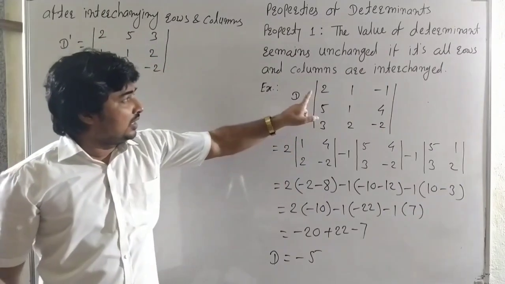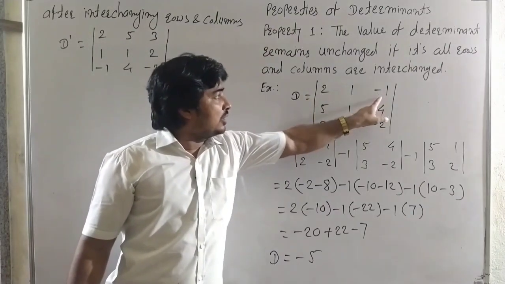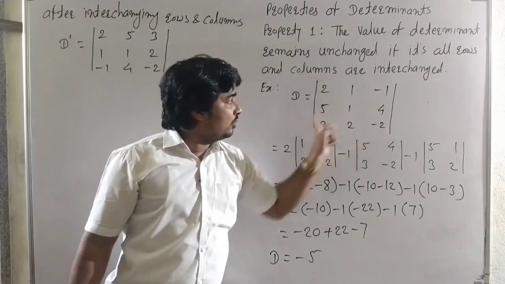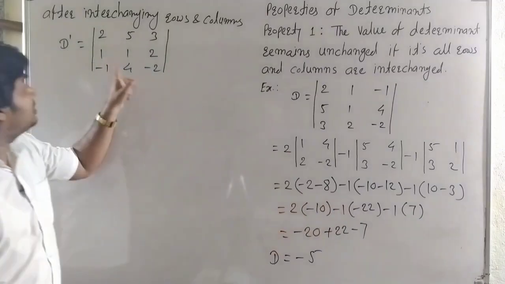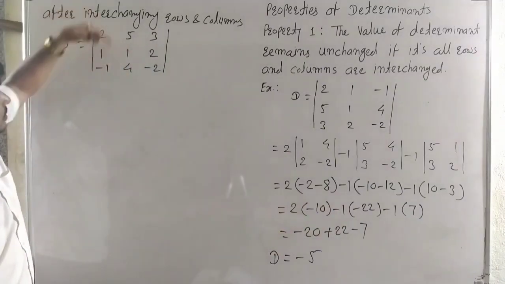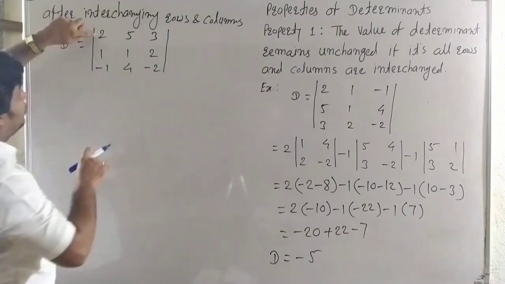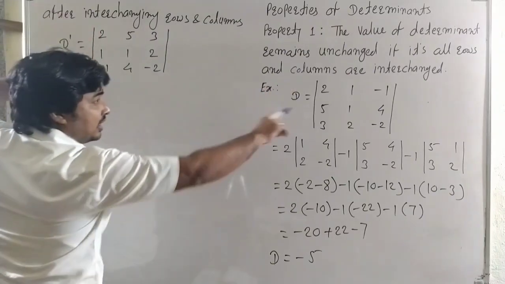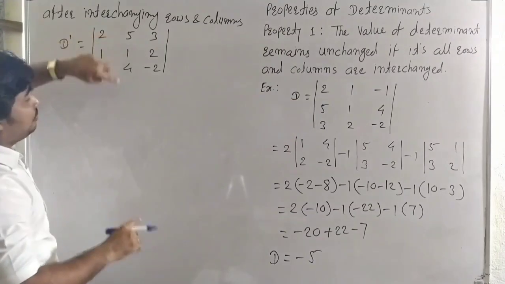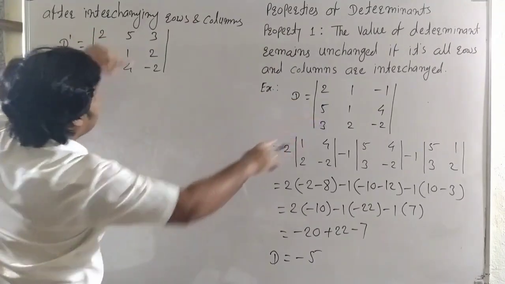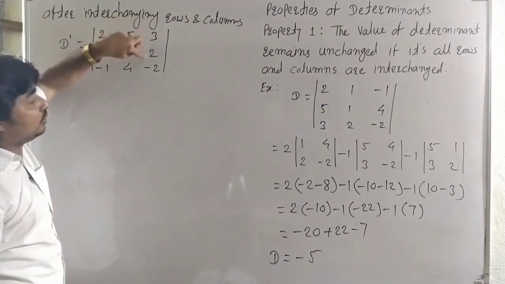See carefully, here it is 2, 1, -1. It is the first row, second row and third row. In this determinant, it is the first column, second column and third column. The first row 2, 1, -1 is the first column. Second row 5, 1, 4, it is 5, 1, 4. And third row 3, 2, -2 is the third column 3, 2 and -2.